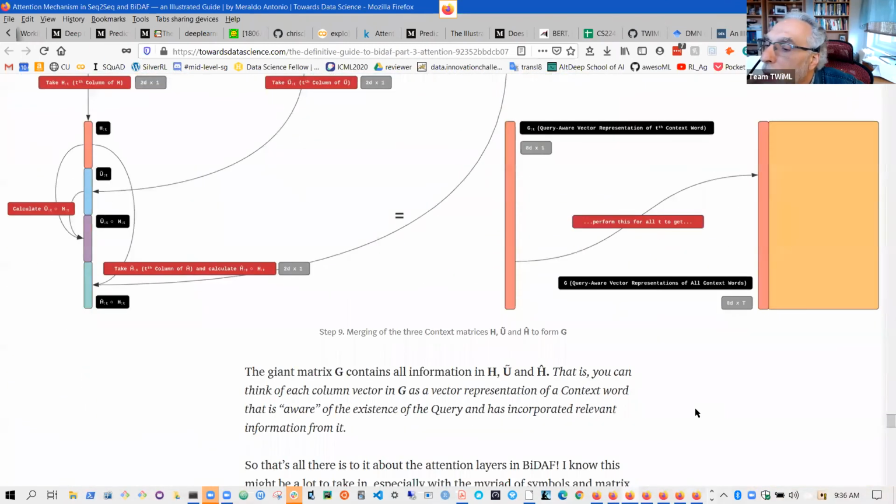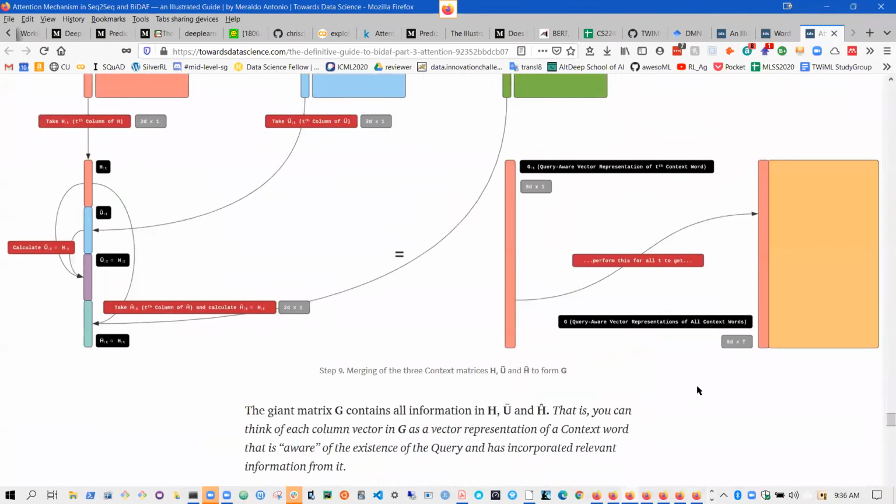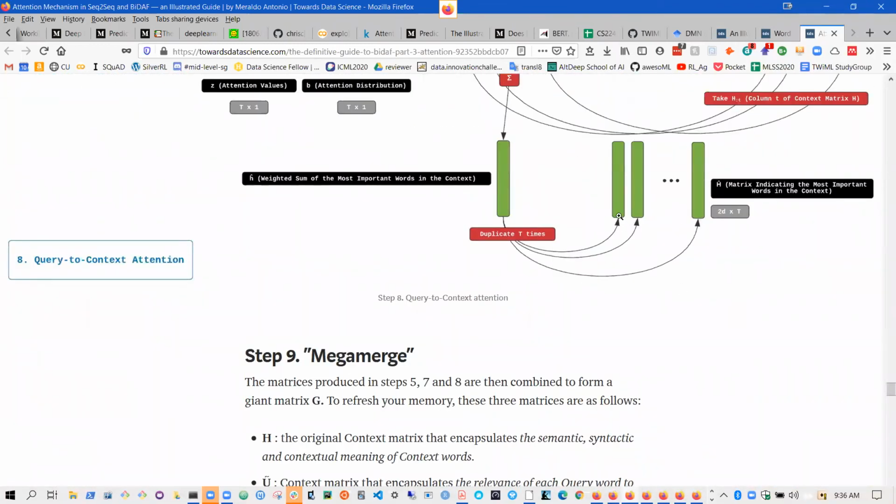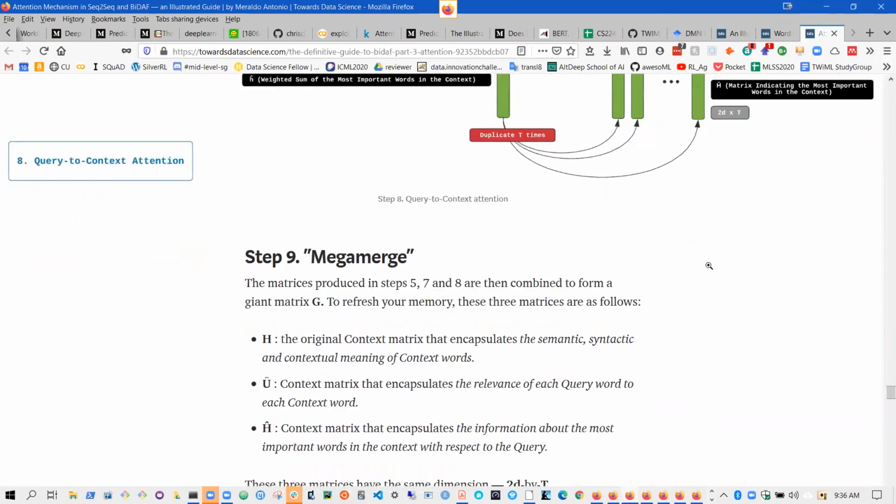Okay, I don't understand what happens in this. I think the duplication is just to get the matrix dimensions 2D times T, right. Sometimes they say you do things for convenience, and I think this is a convenience thing: it just duplicates it to get it to the same T dimension, which makes it easier for them to merge to get the 8D vectors that they get next.